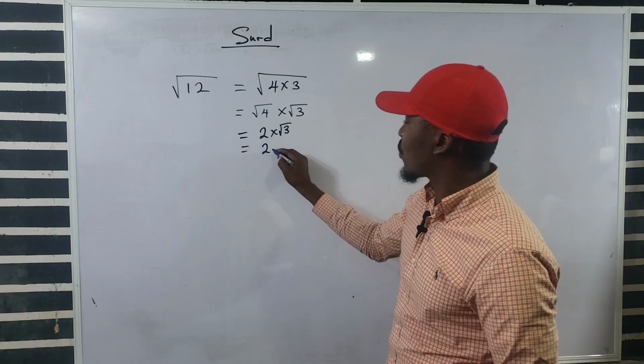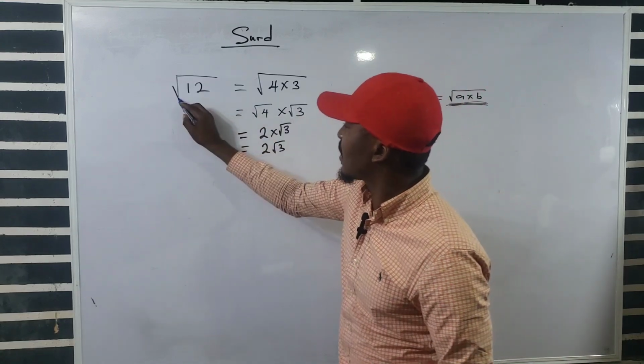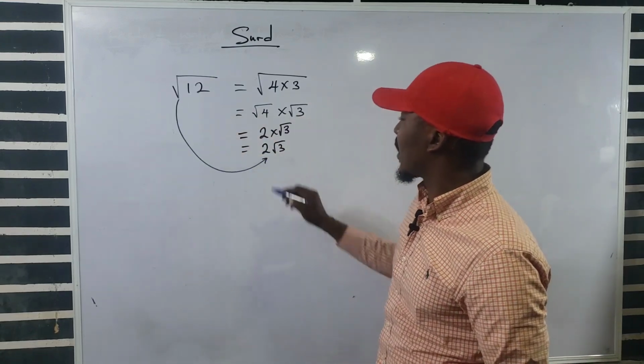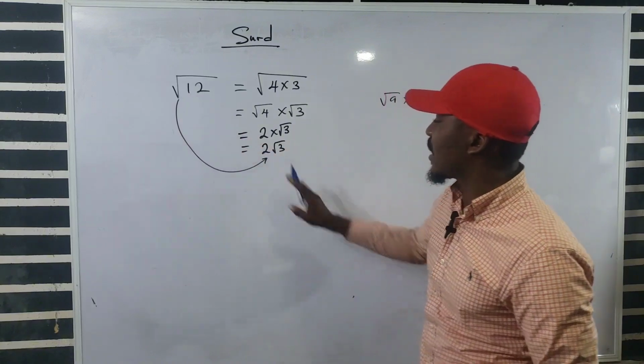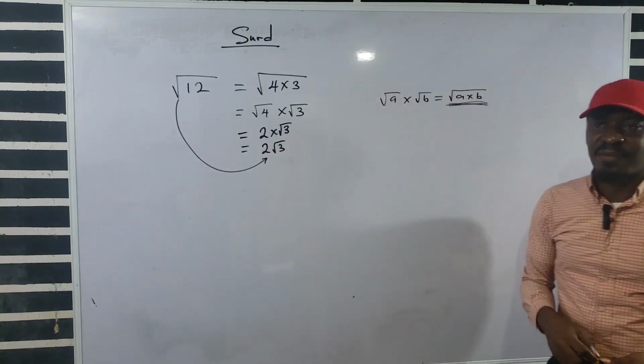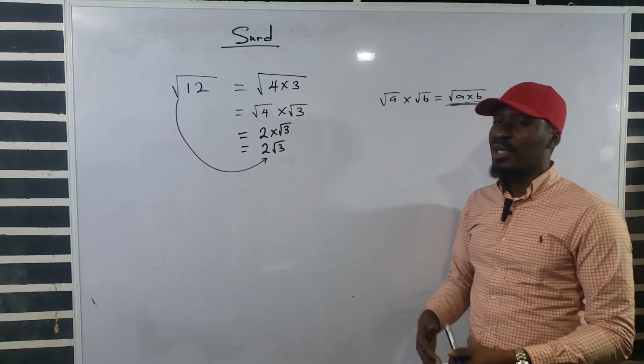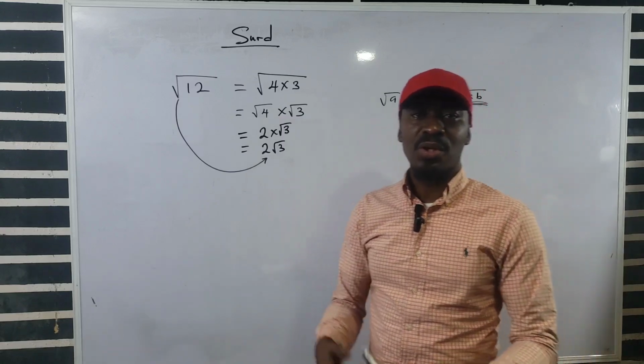You can now write it as 2 square root of 3. You can see that this is the basic form, while this one is the single form.